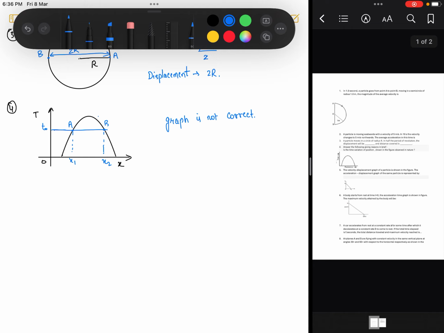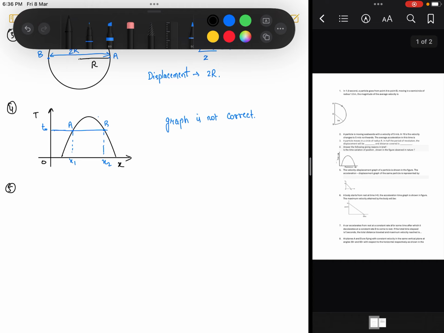Now coming to the fifth question. Our fifth question is, the velocity displacement graph of a particle moving along a straight line is given.